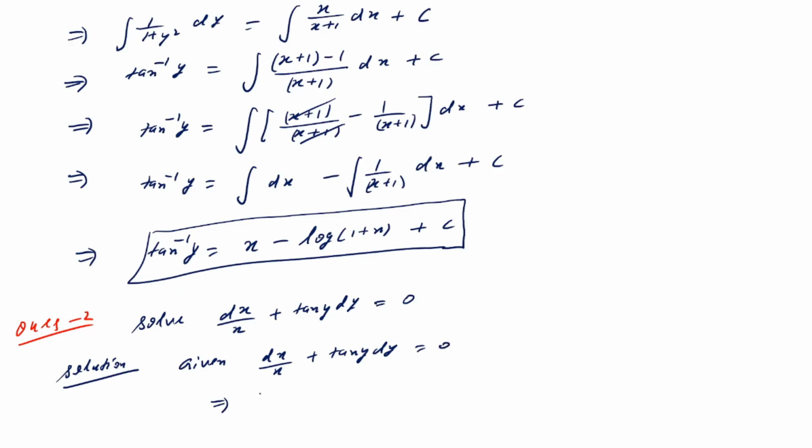This implies that integration of dx upon x plus integration of tan y dy is equal to log c. Intentionally I am considering this log c, because when you integrate both parts of the left hand side you get the answer in the log.